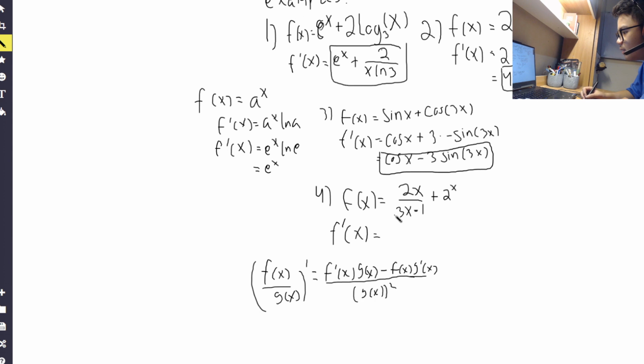So we take 2x as f(x) and 3x minus 1 as g(x).